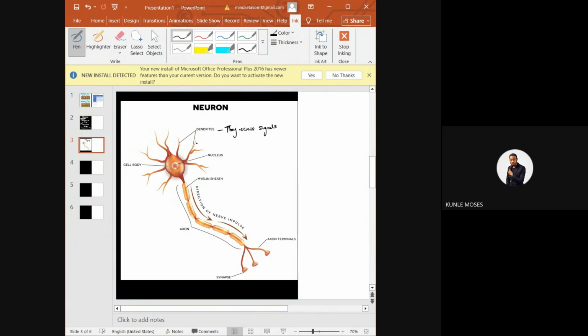After receiving signals, they send these signals to the cell body. They carry the signal to the cell body.